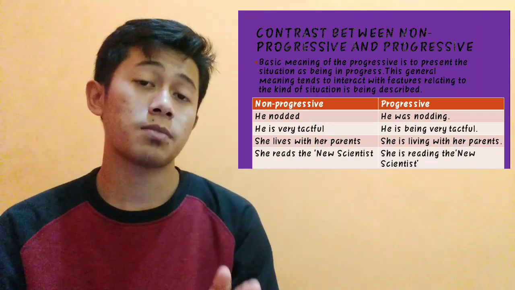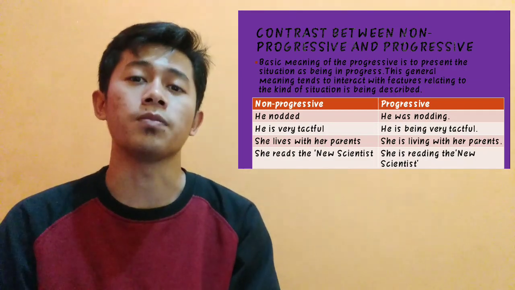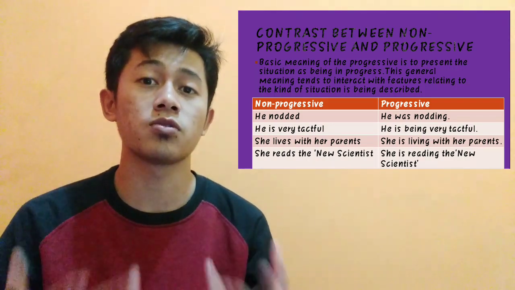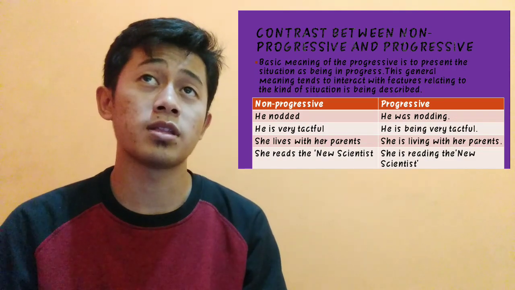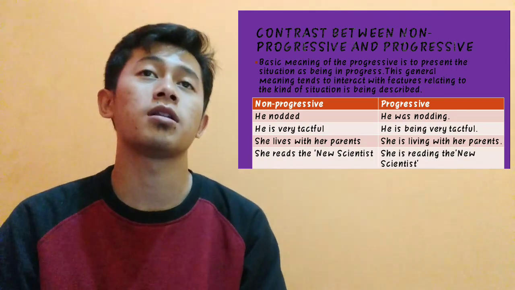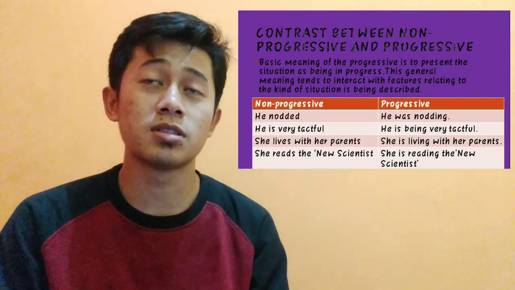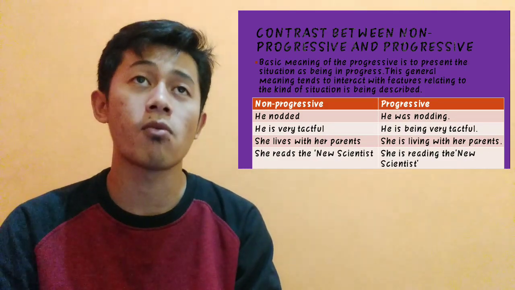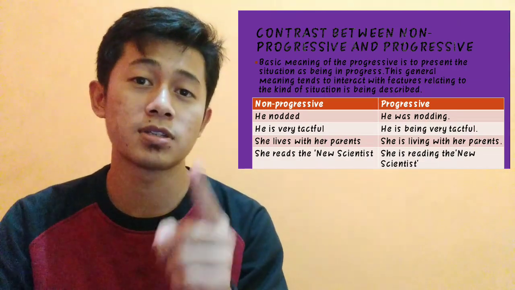In the example he nodded, it means he nodded just one nod, like that. But in the progressive, he was nodding. Maybe there was a sequence of nods, not just one time like this. Oh, like that. That is he was nodding.